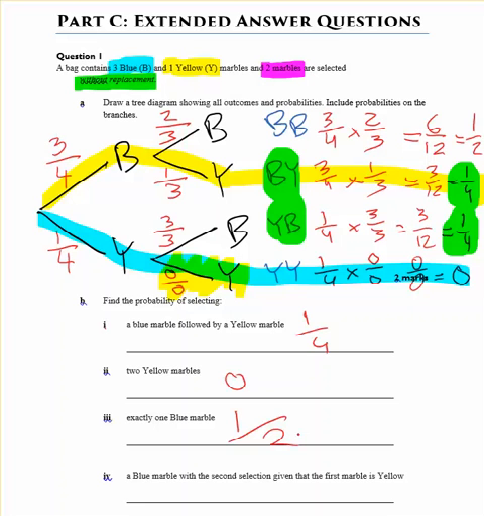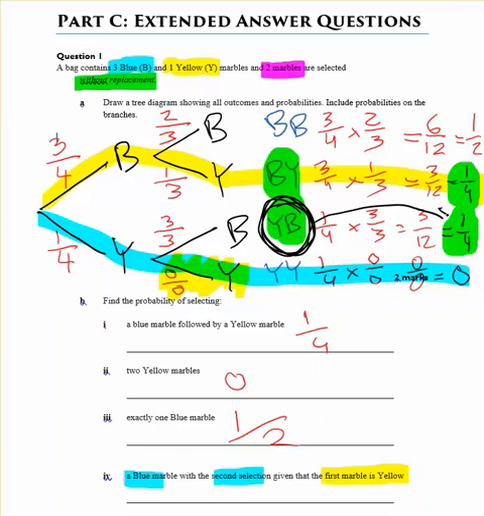It says, what's the probability of getting a blue marble with the second selection, given that the first was yellow? Well, if we go back to our tree diagram, a blue marble with the second selection, given that the first was yellow, is this one here.